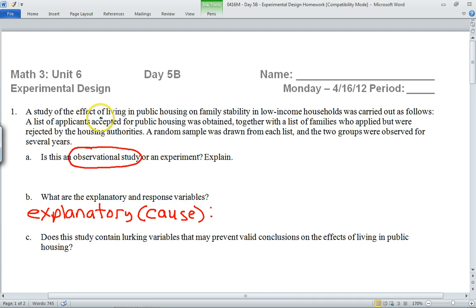This is the study of the effect of living in public housing. So that has got to be the cause that we're looking for. Living in public housing. So that's going to be the explanatory variable.